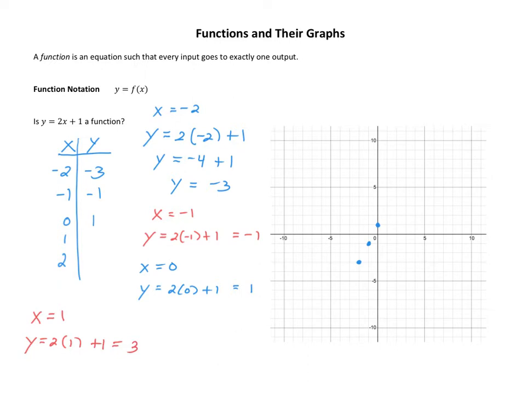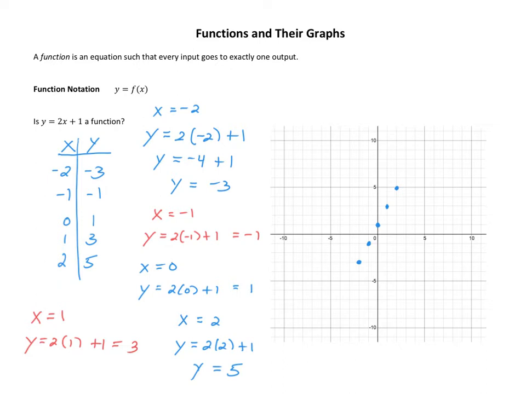Again, we're just getting one output, so that was (1, 3). And then one more. When x is equal to 2, y is equal to 2 times 2 plus 1. That's 4 plus 1, which is 5.